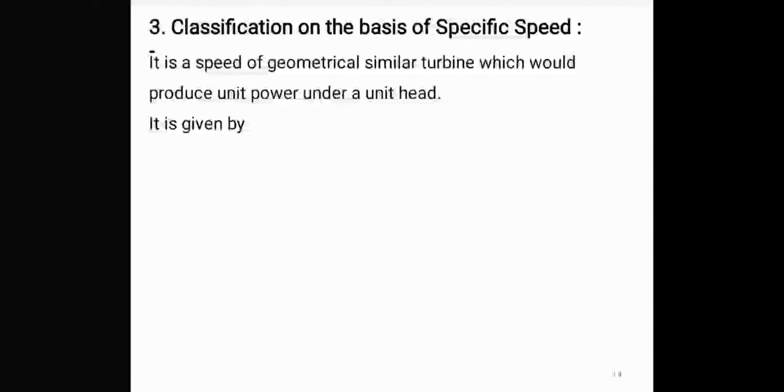Next classification is on the basis of specific speed. Now we will see what is specific speed. It is the speed of a geometrically similar turbine which would produce unit power under a unit head.